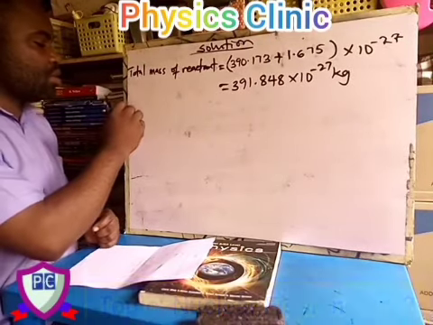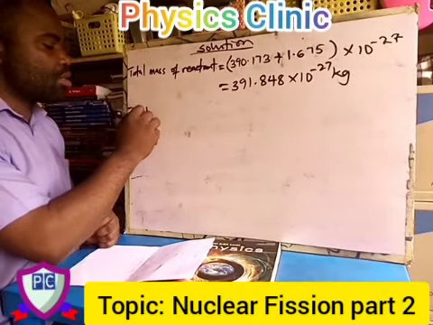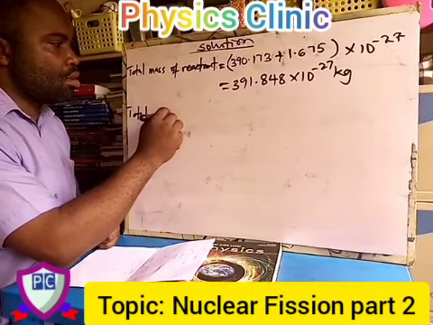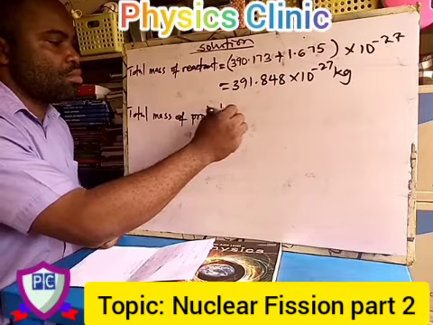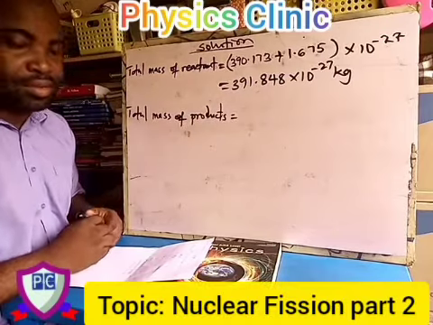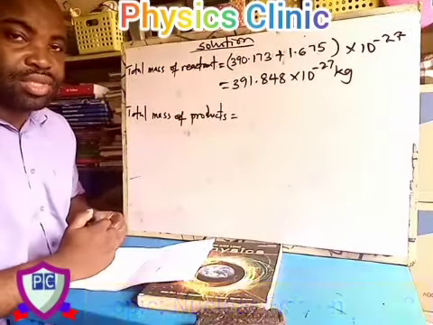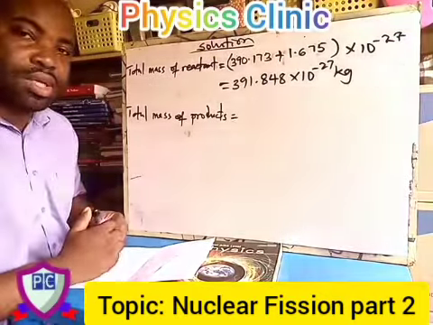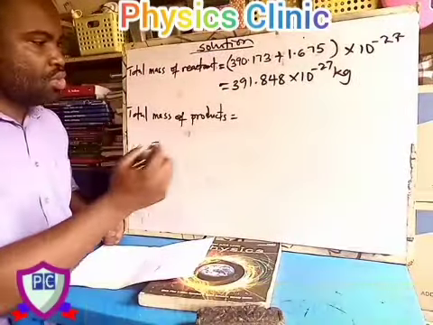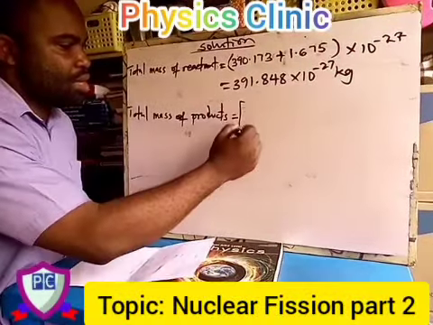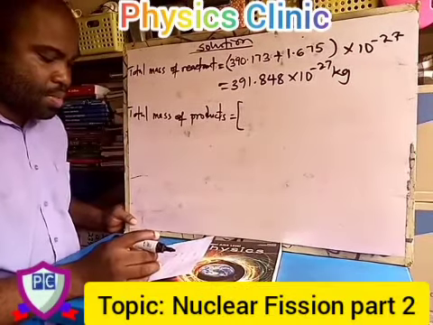Now the next thing we are going to do is calculate the total mass of products. Here the products are rubidium-93, cesium-141, and 2 neutrons. So we are going to calculate for that.